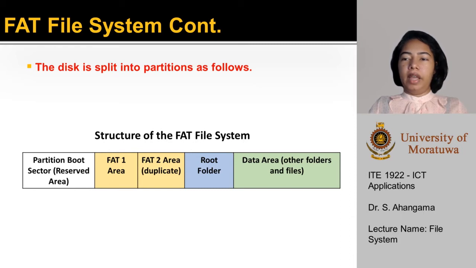The root folder has a fixed number of entries and is located in a specific location. It contains the first block of each file and folder on the root, as well as an entry for each file and folder. Each of these entries contains the name, size, first block location, and data type.